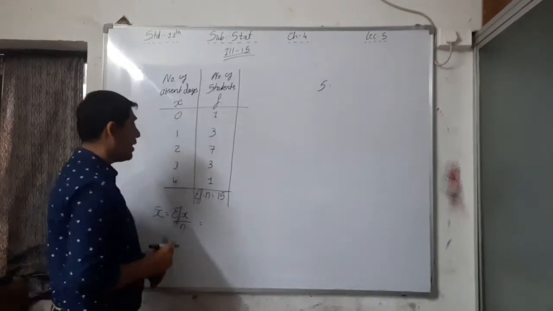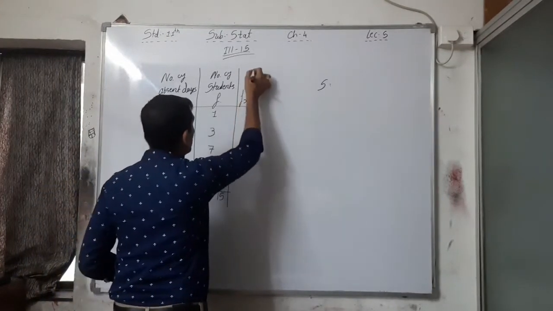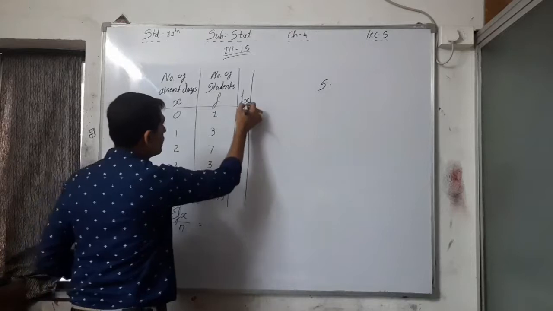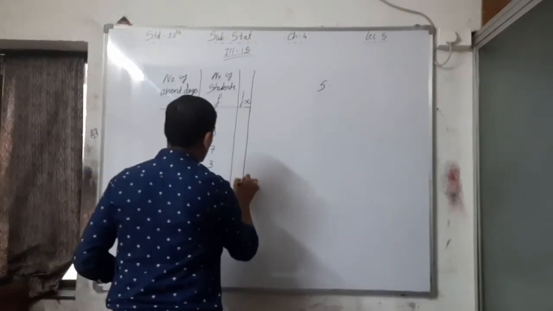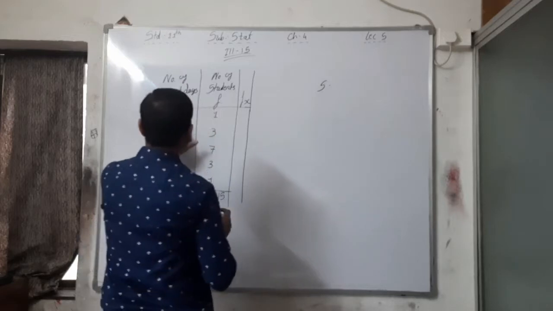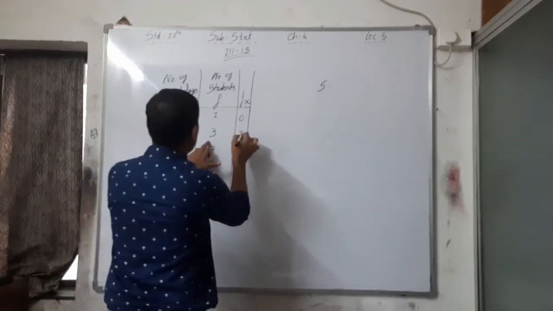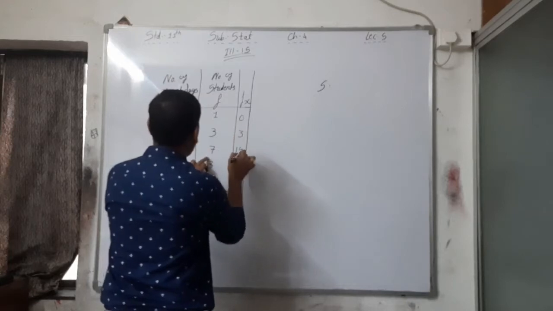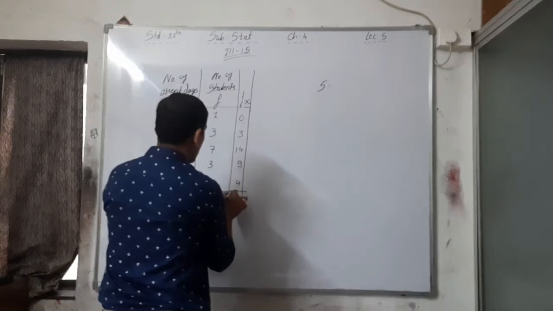What is your sigma fx? That we have to find out first. fx, multiplication of these two. 0 and 1, that is 0. 1 and 3, that is 3. 2 and 7, 14. 3 3s are 9 and 4 1s are 4.